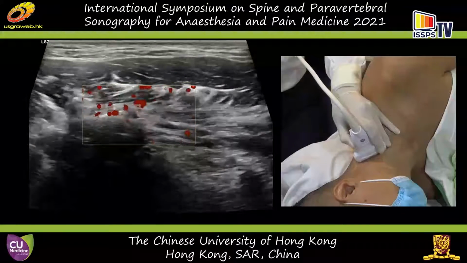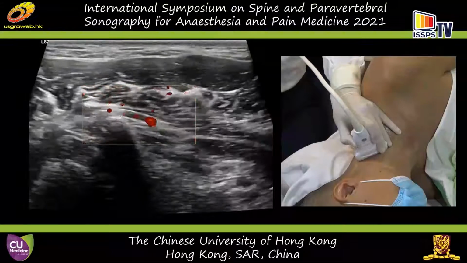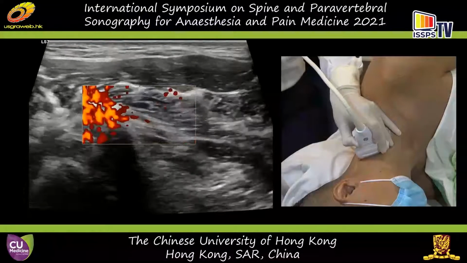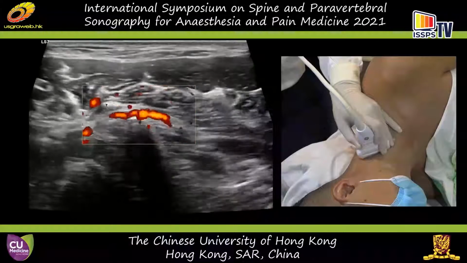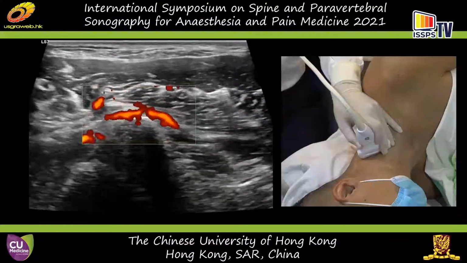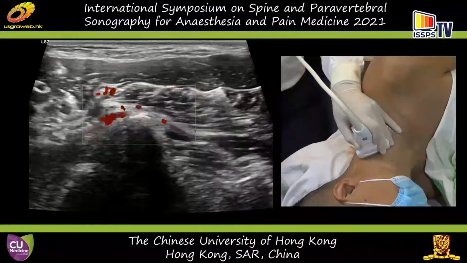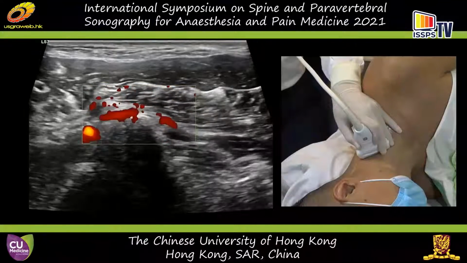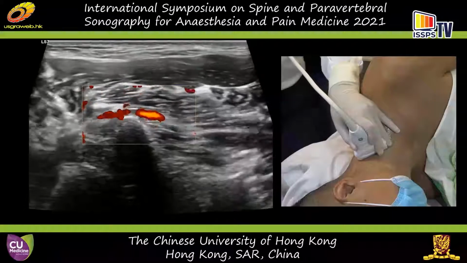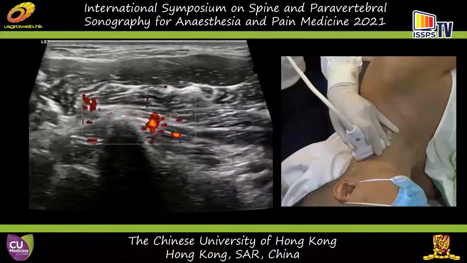This is the deep cervical artery, and it supplies all the muscles in the posterior part of the neck.